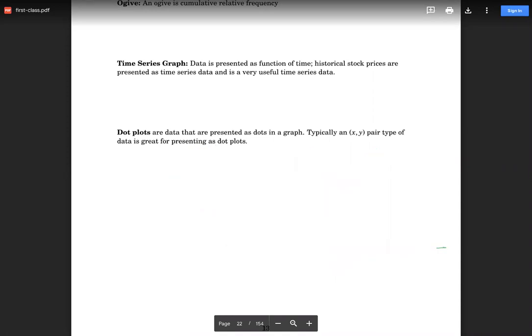And the next one is dot plot. As the name says, you create dots. So this is your X and this is your Y. You create XY pairs. So this could be your X1, Y1, and this could be your X2, Y2. There is no magic here, by the way, guys. This could be your X3, Y3.